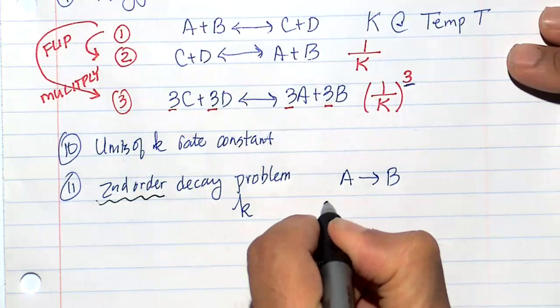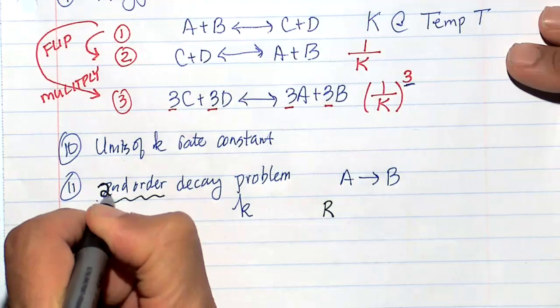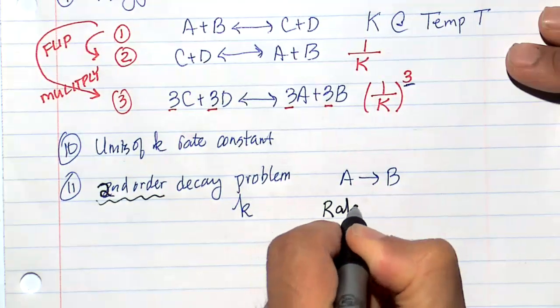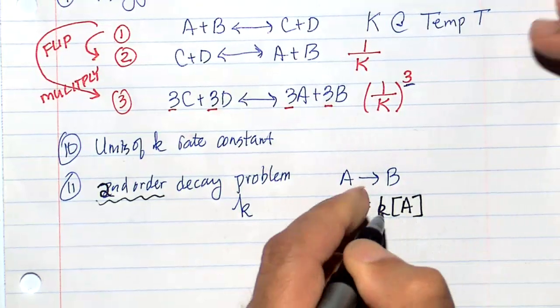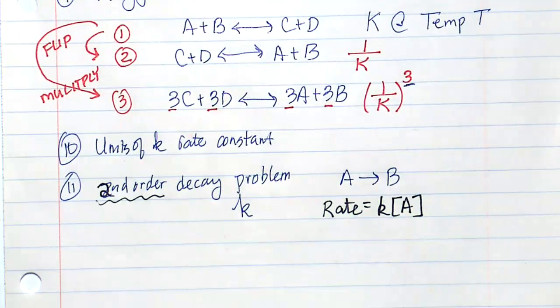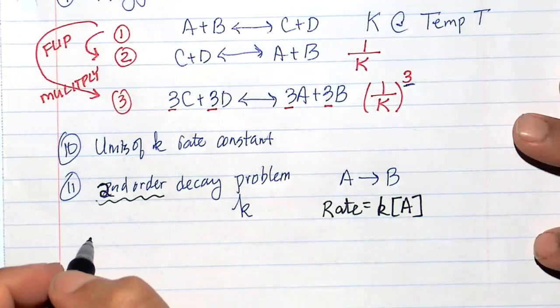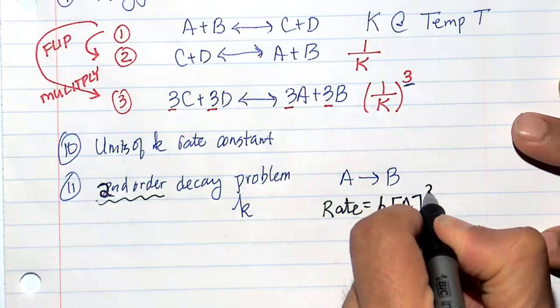The rate law for this, if it's second order, is going to be rate is equal to k times the concentration of A. What will be the power if it's second order? It's going to be 2.